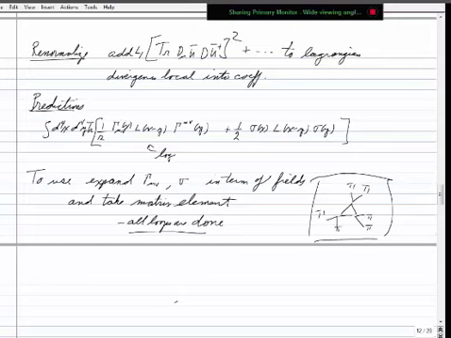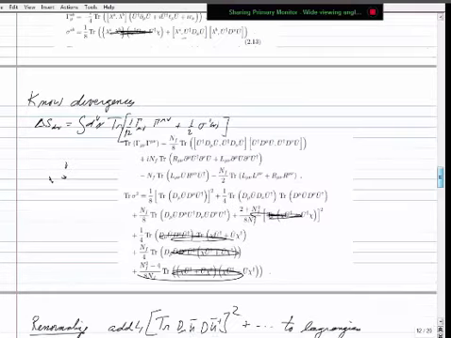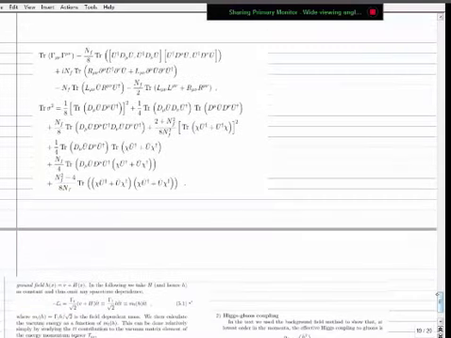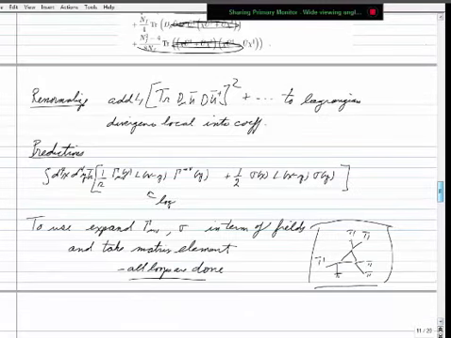Remember, these are the logs, the Fourier transform of logs. These are written in terms of the background field, so I probably should have written that as background field. It was correctly done up above.